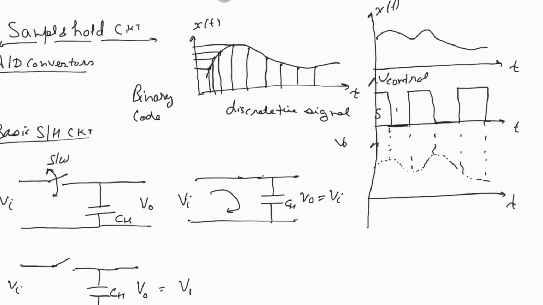And when the switch was open, in the hold stage, it will hold that particular sample value, and then again it will come to sample, and it will again start following the input signal, and when it is hold, it holds that particular value, and then again it comes to sample and starts following the value.